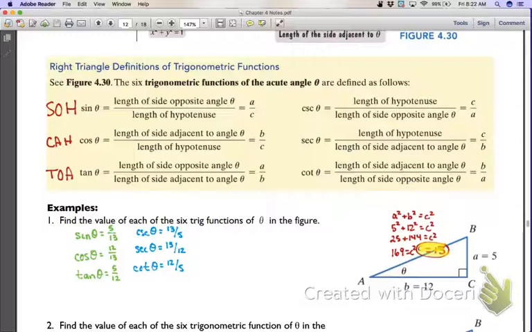So especially with cosecant and secant, those should always be numbers that are bigger than 1. If they're not, then we have some sort of issue somewhere. Tangent and cotangent are the only ones that could be otherwise. It just depends on what angle you're looking at. Okay, if I'm up at the angle where angle B is, then my opposite and my adjacent sides change. Okay.